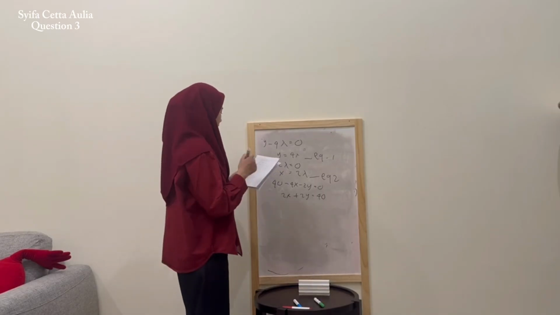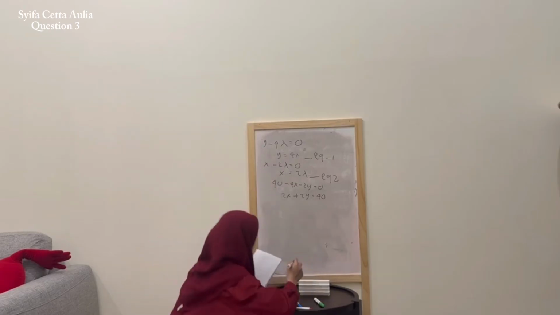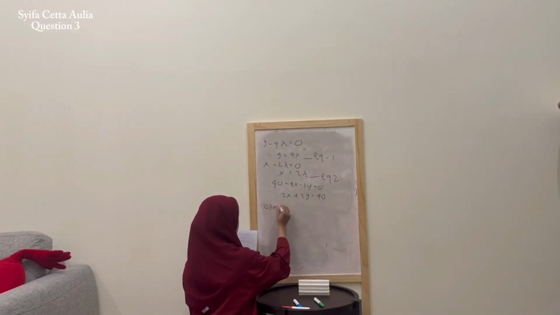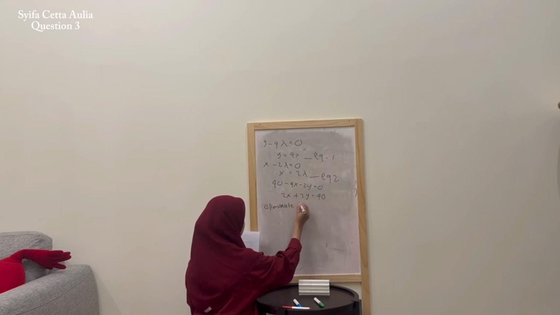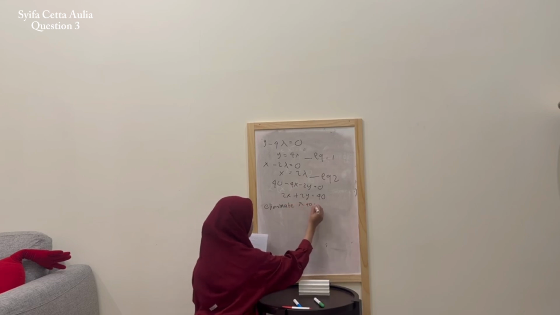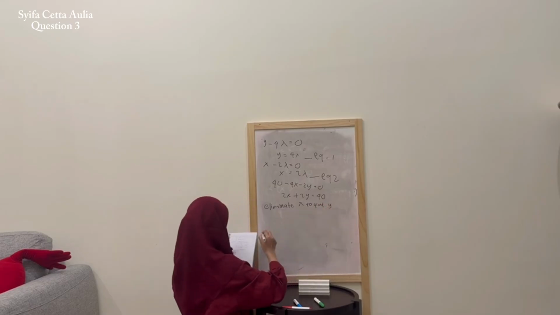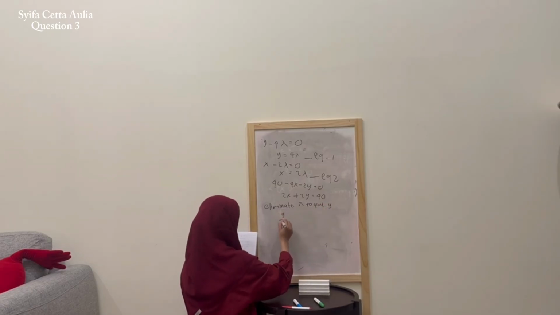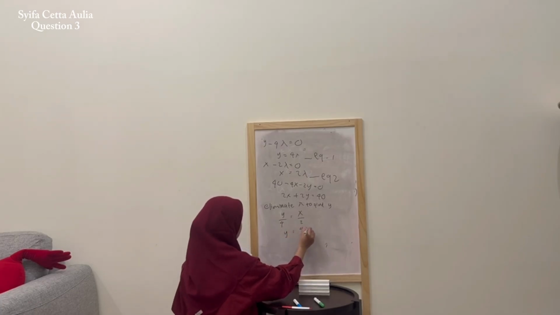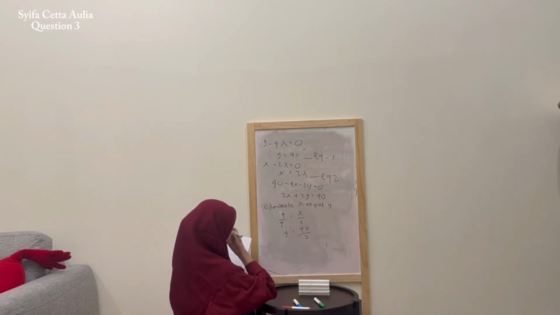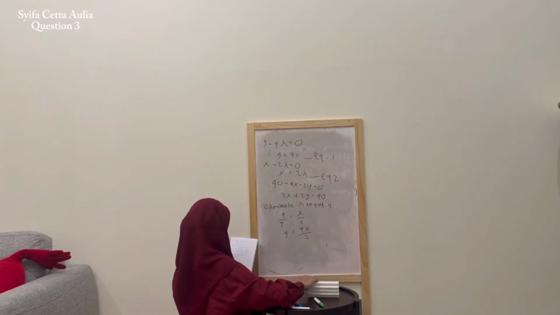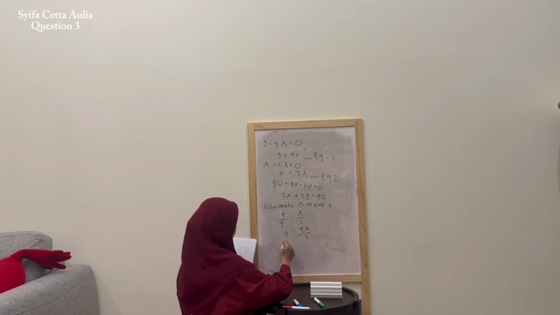To find y, we need to eliminate lambda, so we use this to eliminate it. The y that we find is from equation 1 and 2, so the equation that we find is y equals 2x.